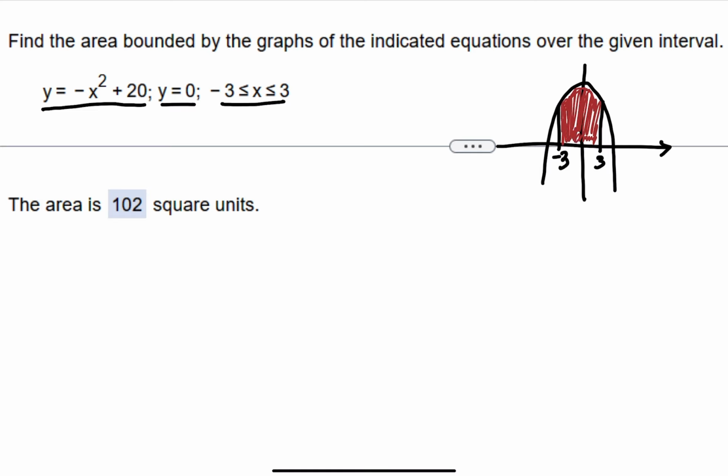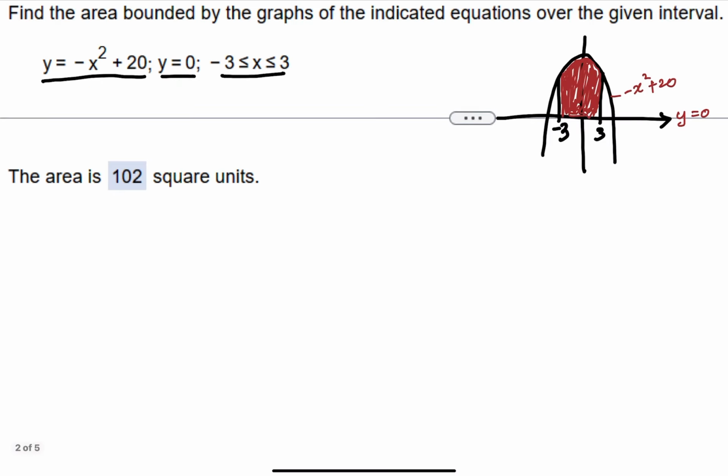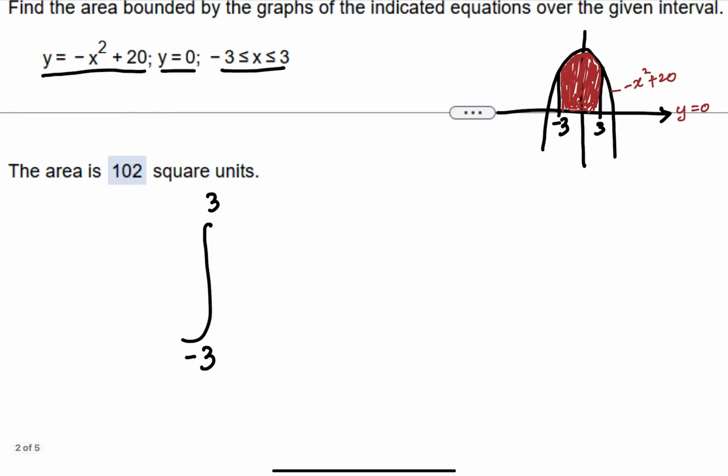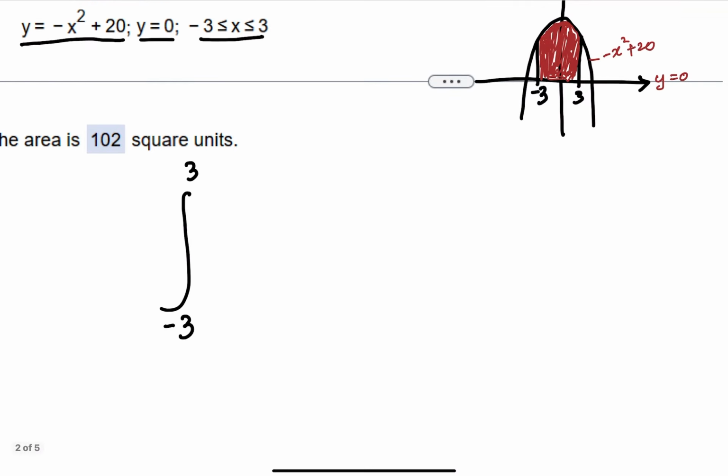So when you have this visual representation, you will know which graph goes on the top and which graph goes on the bottom. Okay, so this is my graph -x² plus 20, and this is y is equal to 0. Now that I know, all I have to do is simply set that up. I know from -3 to +3, my curve on the top, my curve above, is -x² plus 20, minus my curve below, y is equal to 0.